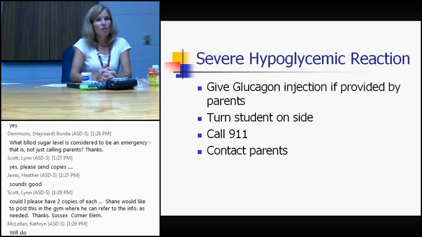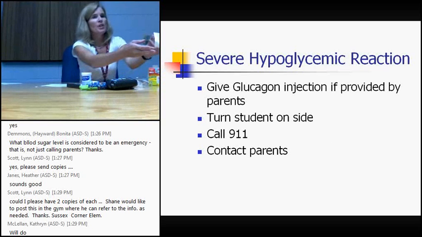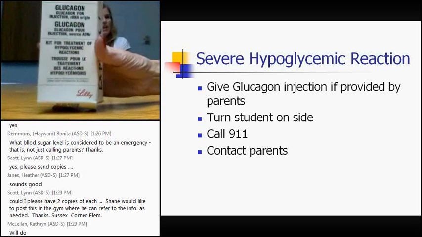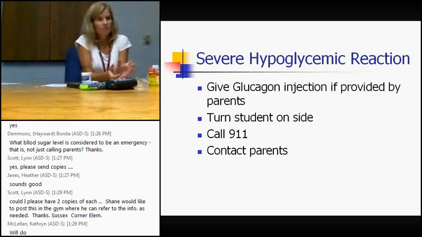So the treatment for severe low blood sugar reaction, and this is when a child is actually unconscious, is glucagon emergency needle. It's a glucagon injection that will be provided, the glucagon kit itself will be provided by parents. You're going to give glucagon, and then you're going to turn the student on his or her side in the recovery position, and call 911 and contact the parents.